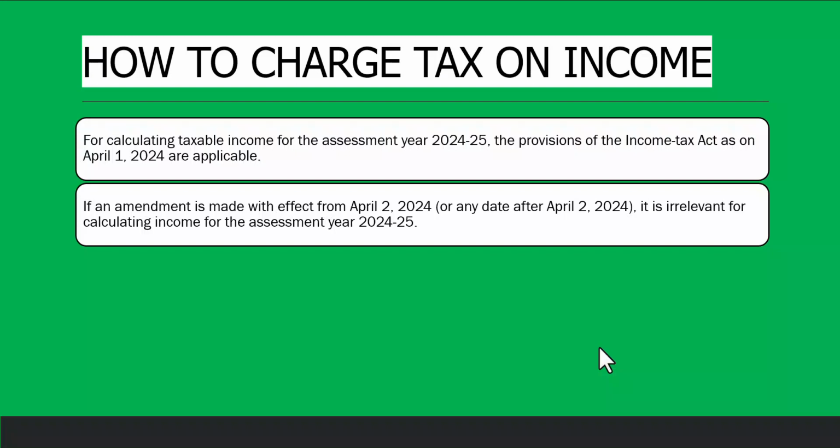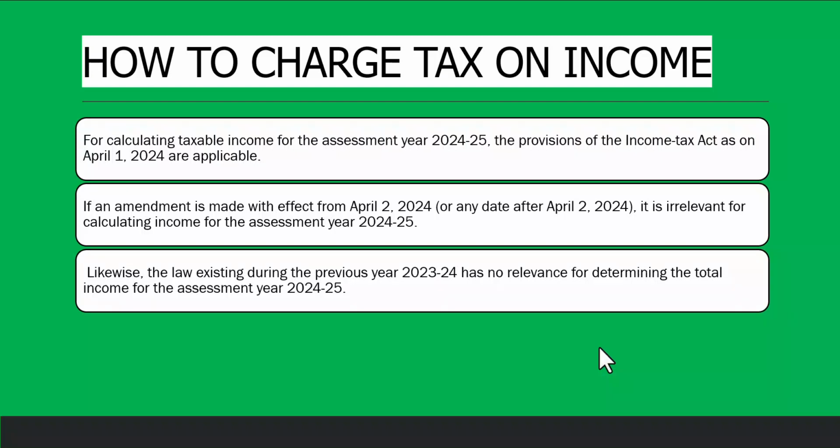So if any amendment happens on 2nd April 2024 or any date after, the position on 1st April becomes the sanctioned date. Anything happening from the 2nd onwards is irrelevant for calculating the income for the assessment year 2024-25.